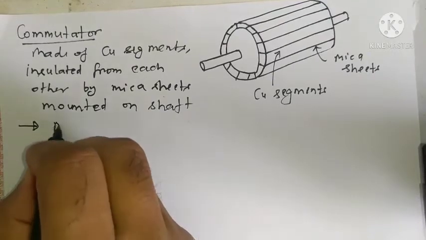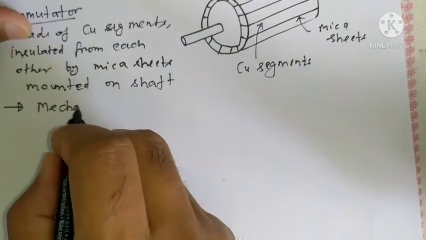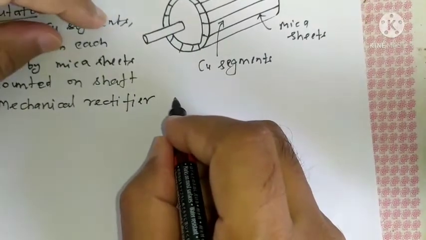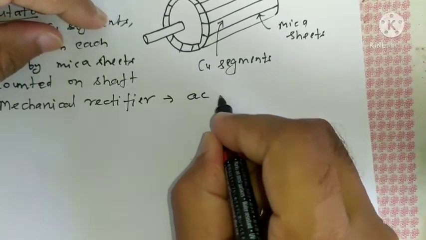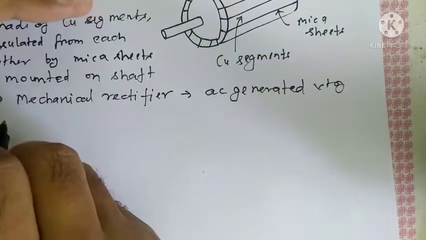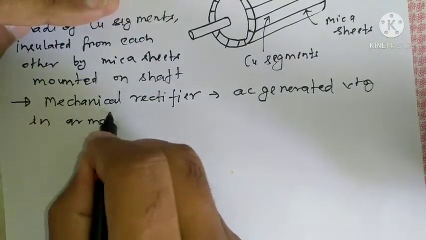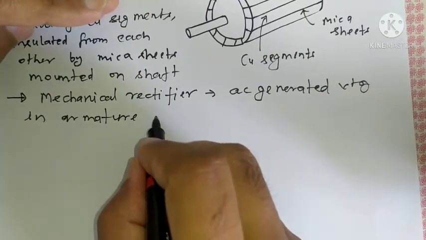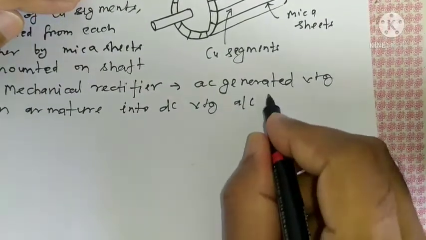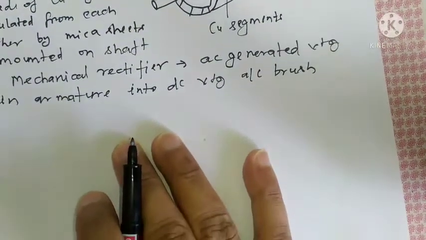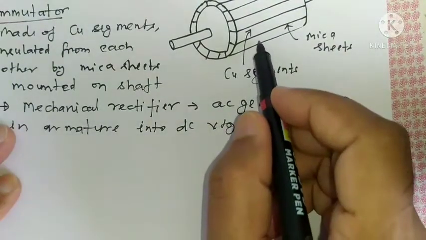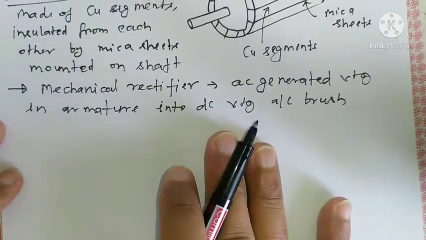And this commutator is a mechanical rectifier, which converts the AC generated voltage in the armature into DC voltage across the brush.